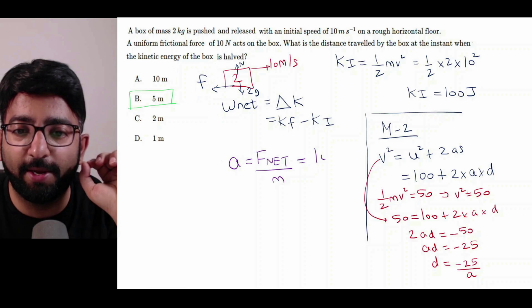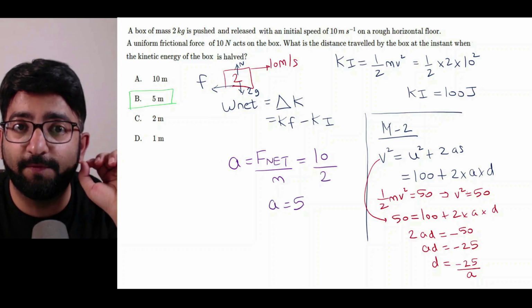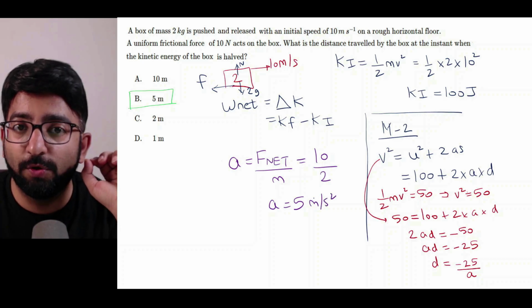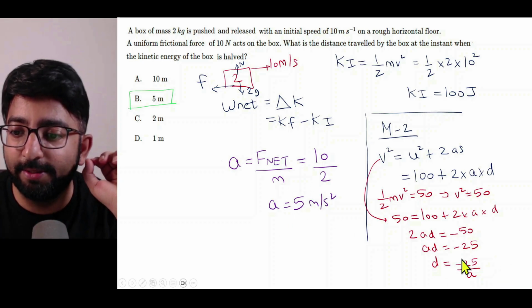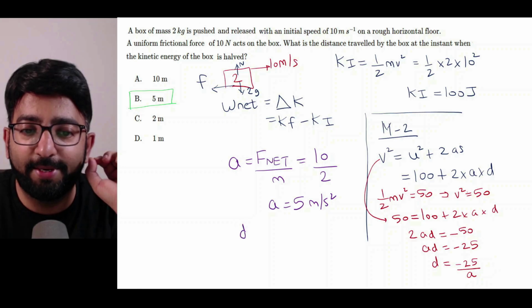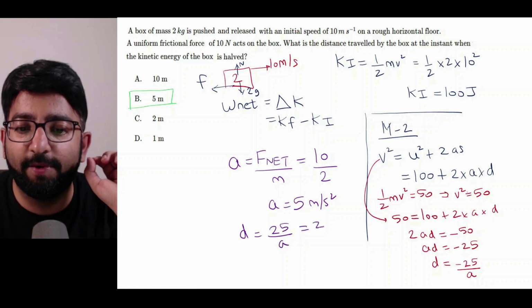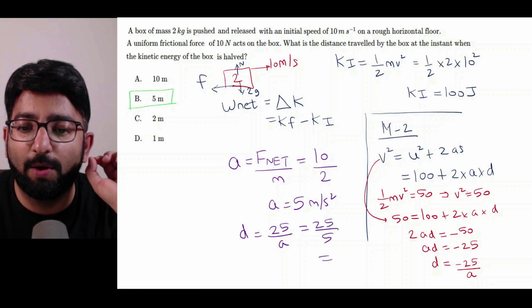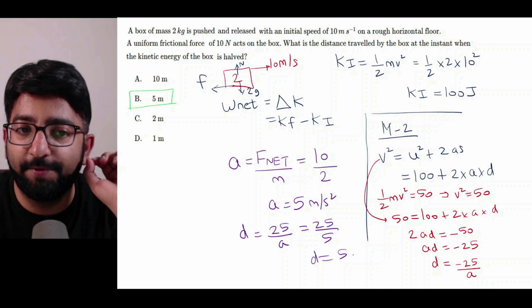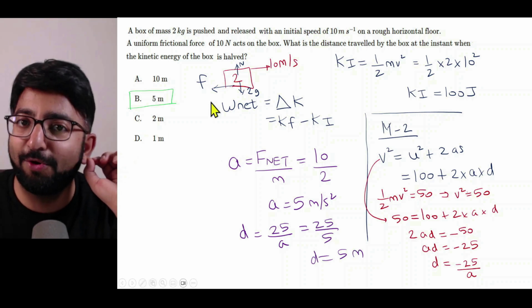So the net force is 10, mass is given as 2, which means acceleration comes out as 5 meter per second square. So we can use this value of a in this expression. So let us write down d will be equal to 25 divided by a. We can ignore the negative sign. So 25 divided by 5 will come out as 5. Hence, the value of d is 5 meters, which was option B.